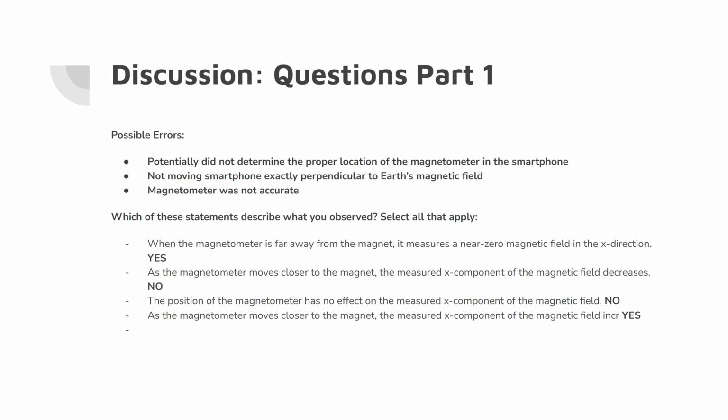Now, which of these statements describe what we observed? What was observed was that when the magnetometer is far away from the magnet, it measures a near zero magnetic field in the x direction, and also that as the magnetometer moves closer to the magnet, the measured magnitude of the magnetic field increases.